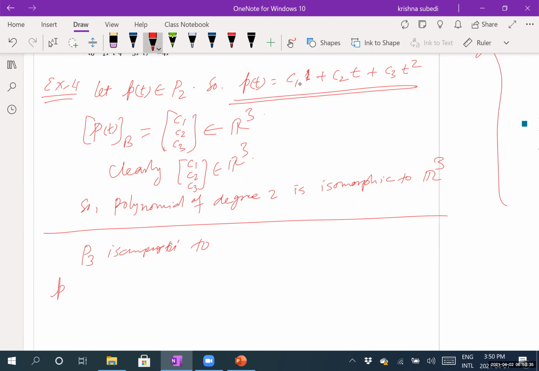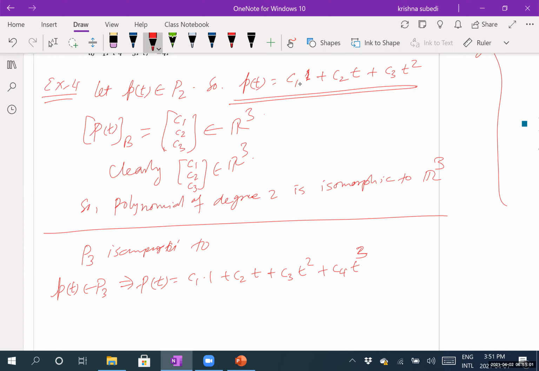Anything that is in P3 will be C1 plus C2t plus C3t square plus C4t cube, that is a polynomial of degree 3, standard form.